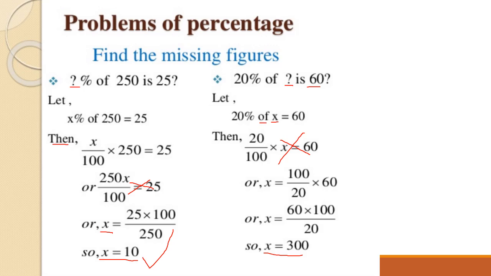So when you solve, x is equal to 300. So 20% of 300 is 60. Got it? When you check that, 20% of 300 will be 60. So 20% of 300 is equal to 60. Yes.